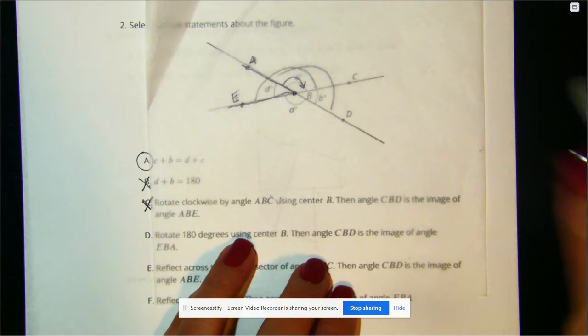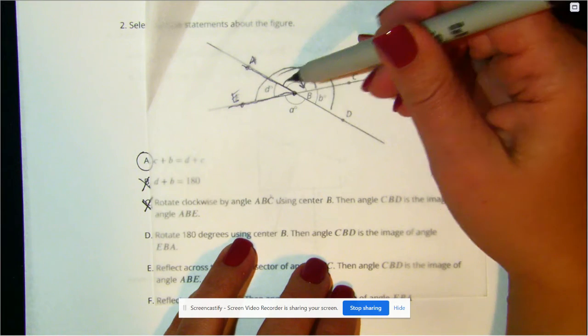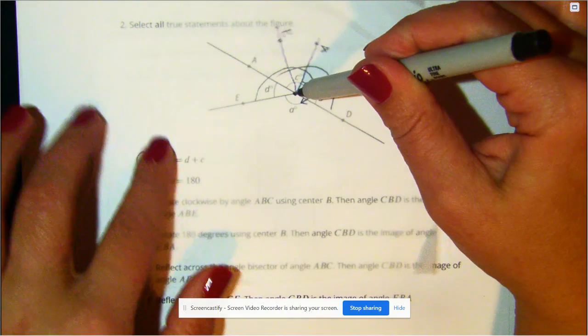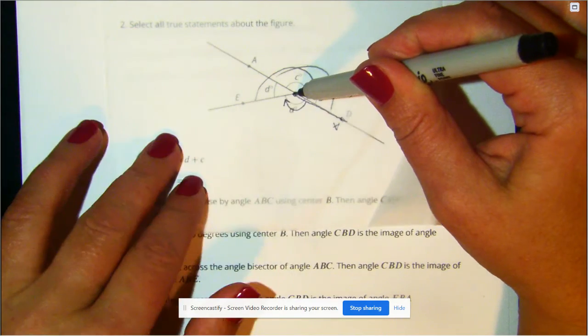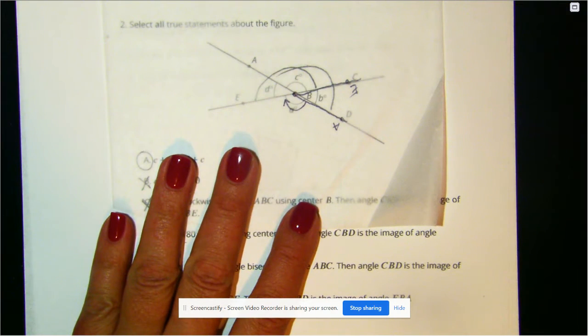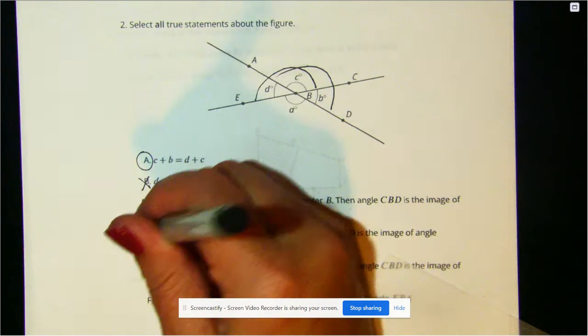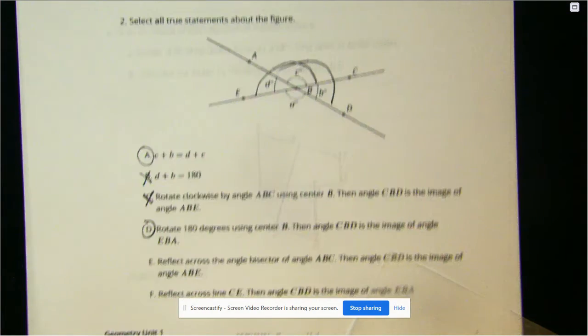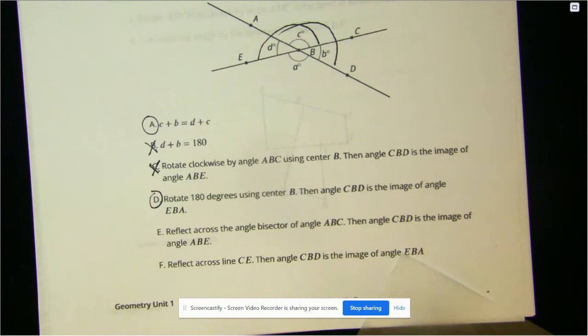Okay, 180. So now we're going to rotate it a quarter turn of my paper, now a half turn of my paper. Boom, it does coincide. CBD is the image of angle EBA. Correct.